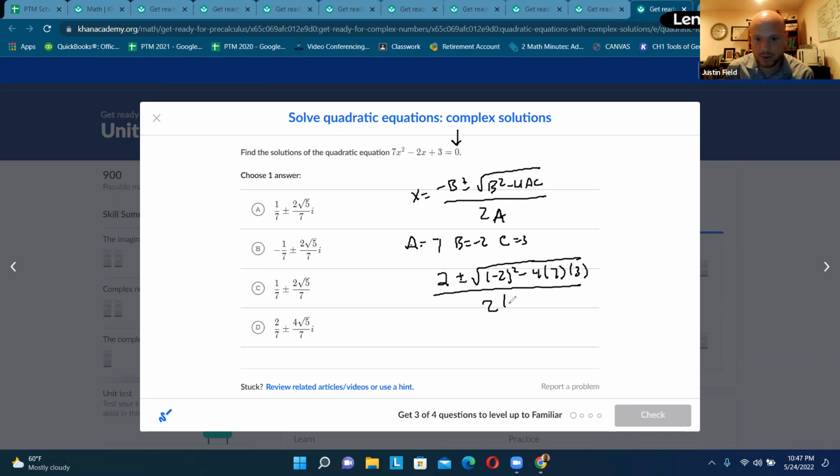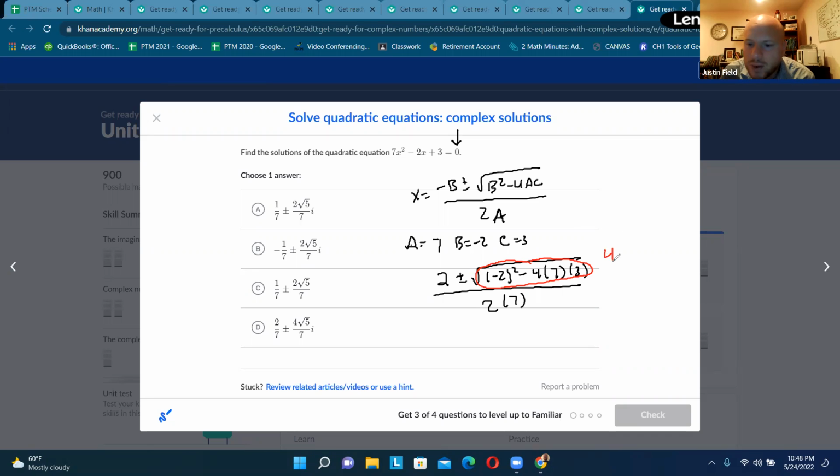2 times 7. All right, so I always like to do the inside, kind of do it all together here. It's complex, so we don't want to try to put the square root part in our calculator. Plus, we're pre-calc students, who does that?